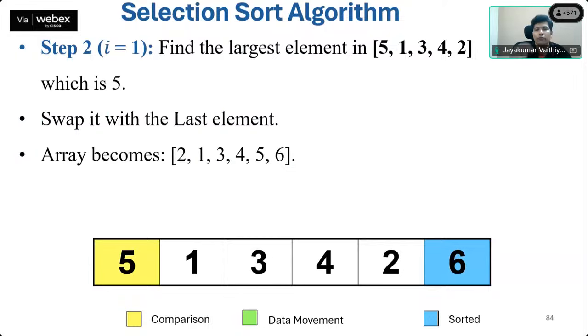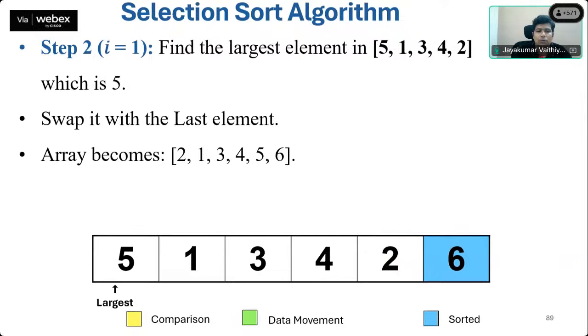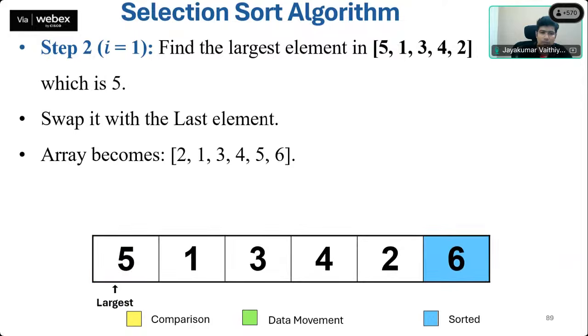So how will you move 5 to the fourth position? Compare the second position, compare the third, compare the fourth. Now you got the largest value, 5. Now you are supposed to do data movement. This is like marking: you mark which one is the largest.